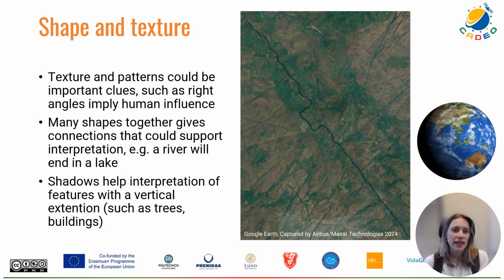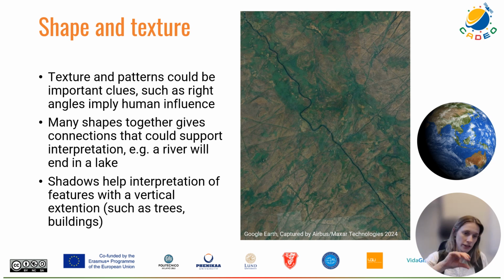We can look at shape and texture, which can give us clues about whether there are humans present, if the humans are affecting the land surface. And yeah, we can also see that the context makes a big difference if we have many shapes together. It can help us interpret things like, for example, the fact that a river usually ends in a lake.